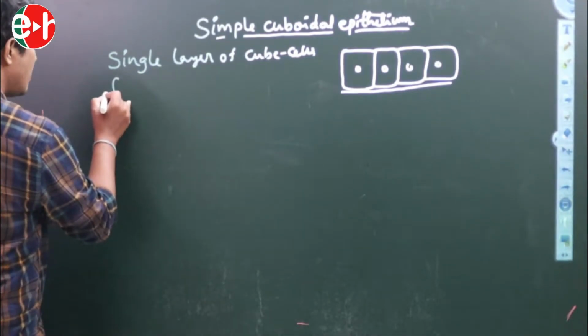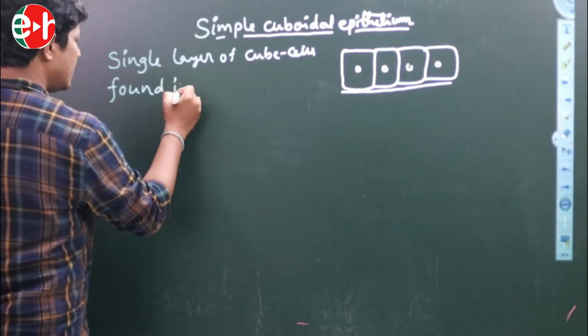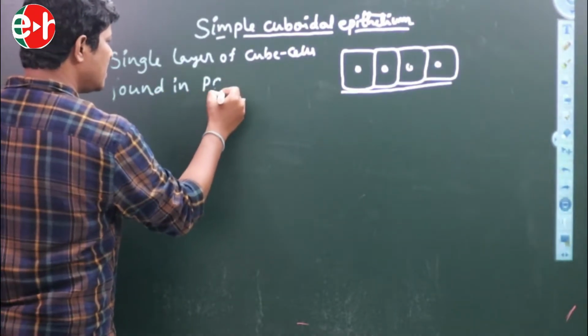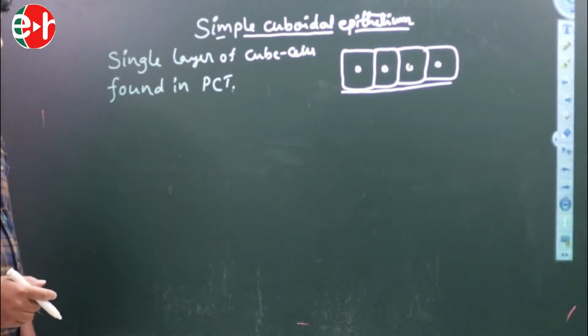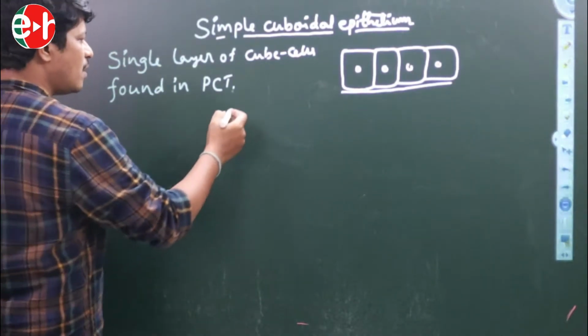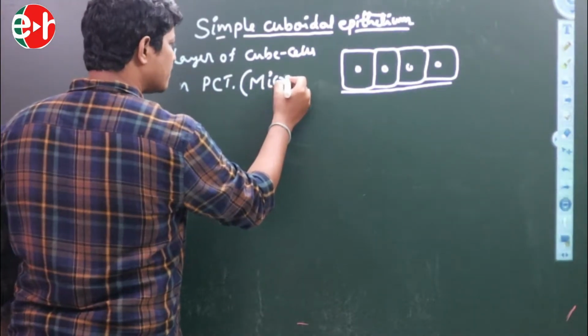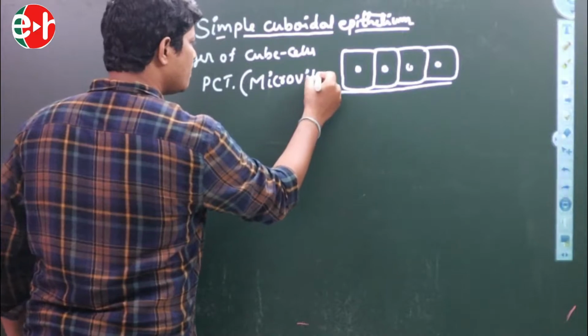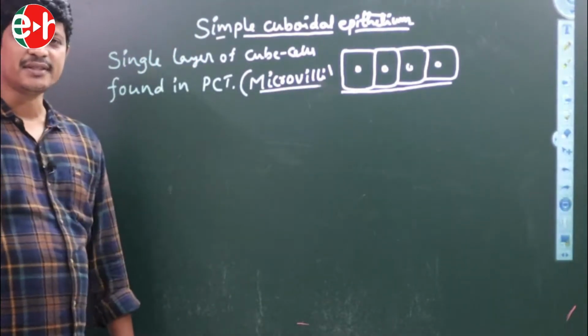Simple cuboidal epithelium is found in the proximal convoluted tubule of the nephron. The proximal convoluted tubule has microvilli and stereocilia.